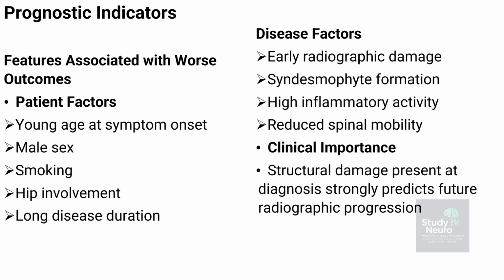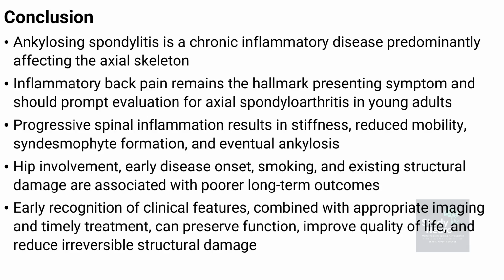Risk increases over time. Disease-related findings also provide important prognostic information, as early damage visible on imaging, syndesmophyte formation, persistent inflammation, and reduced spinal mobility all indicate a higher likelihood of continued progression. Structural damage already present at diagnosis is one of the strongest predictors of future radiographic progression.